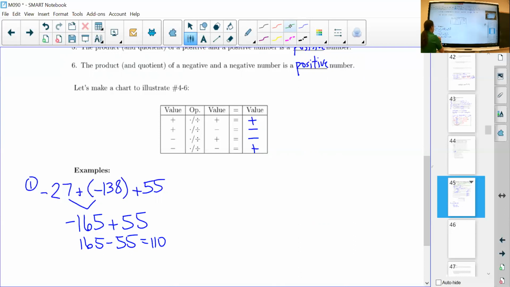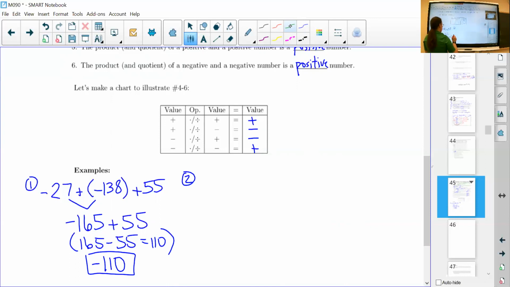And then we're going to take the 110 and attach the sign that belongs to the number with greater absolute value. 165 is bigger than 55, so we'll attach a negative sign. Negative 110. And that kind of makes sense. If you owe $27 and then you owe over 100 more and you get 55, you're still going to be owing some money. So it's just nice to make sure that these answers are reasonable.